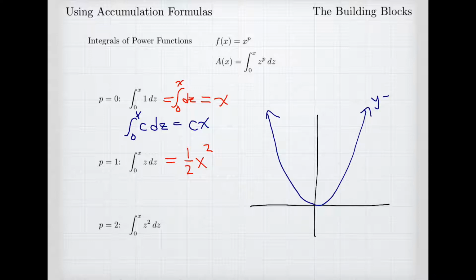So here's y equals z squared. And for our integral, we start at 0 and go to some end value, which we're calling x. And the idea of the definite integral is we want to find the area under the parabola.